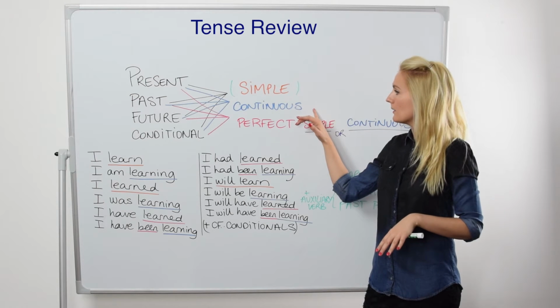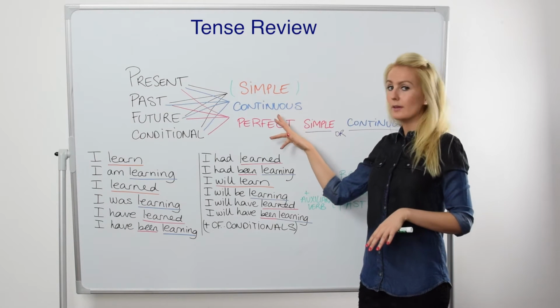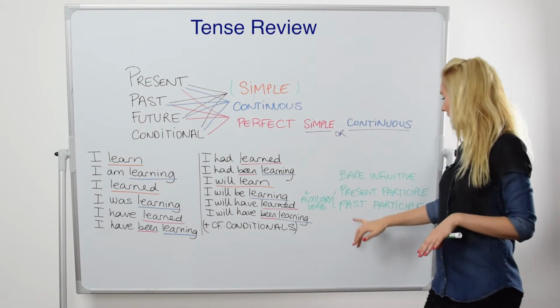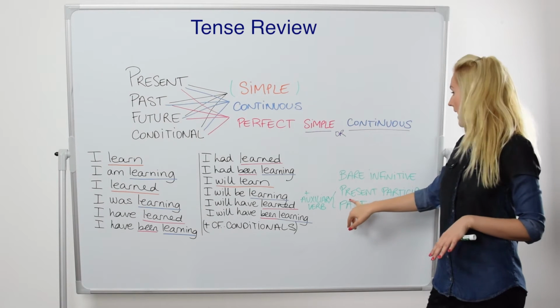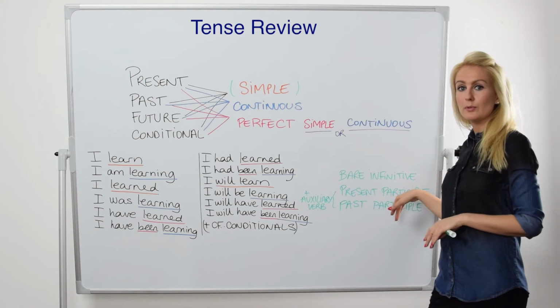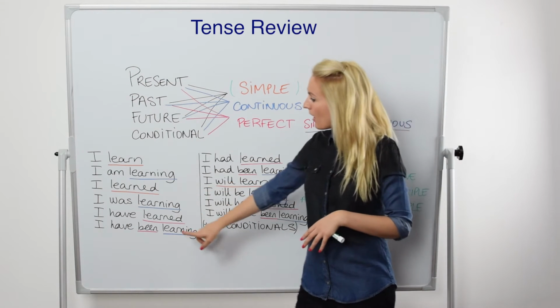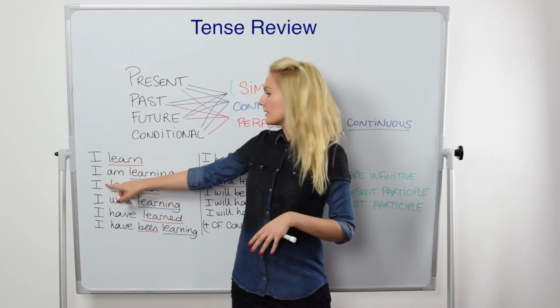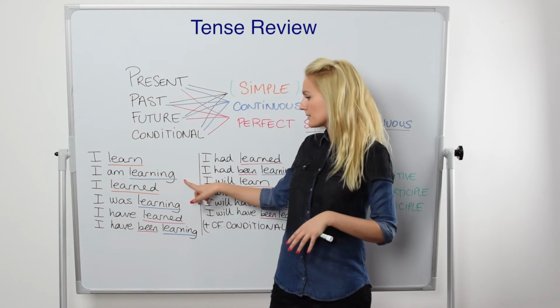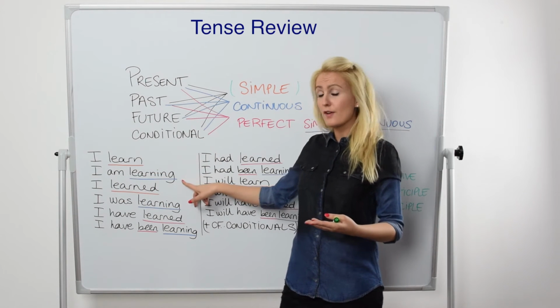Let's look at our continuous tenses now. Continuous means that I will have an auxiliary and a present participle, or an ing form. So what do I have here? I have a present auxiliary, so this is called a present continuous, or present progressive if you prefer.